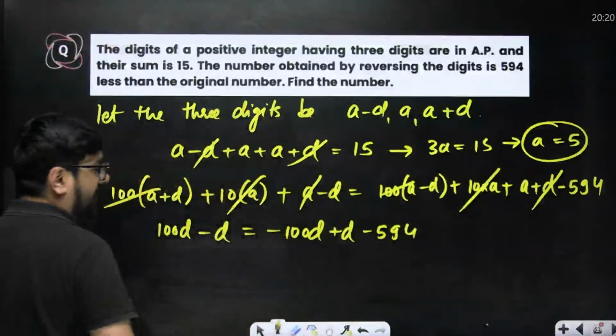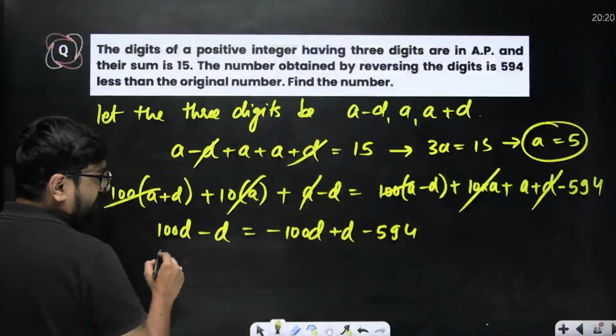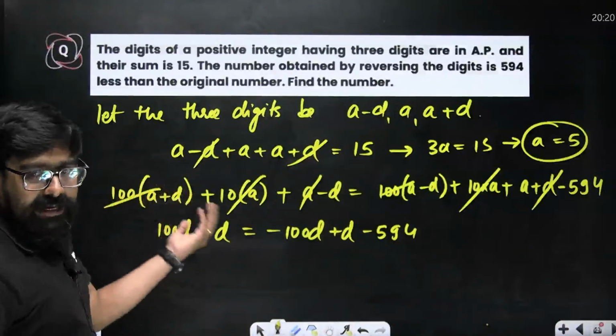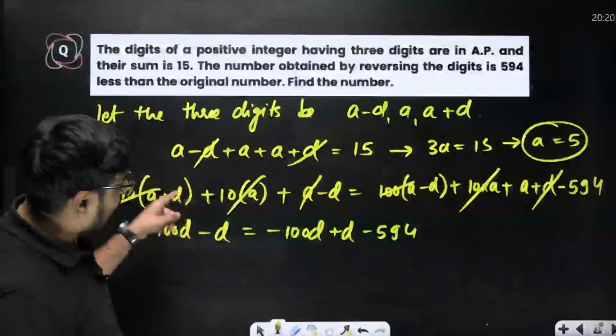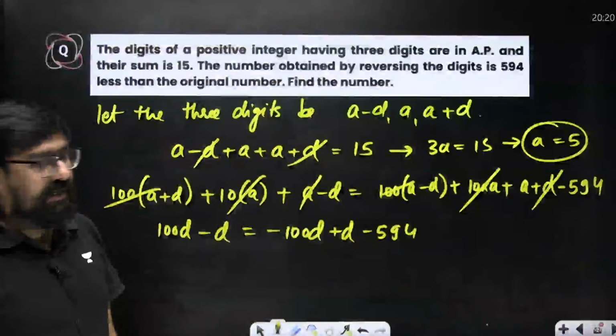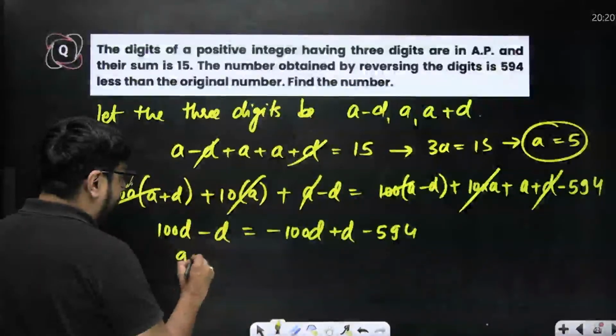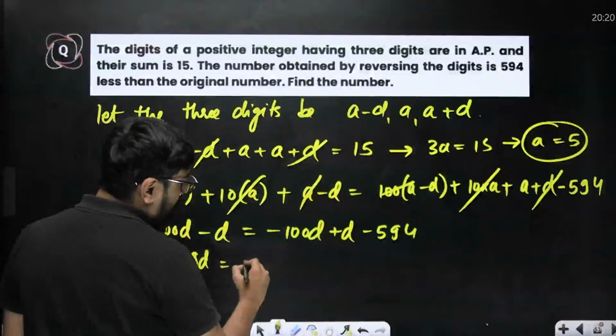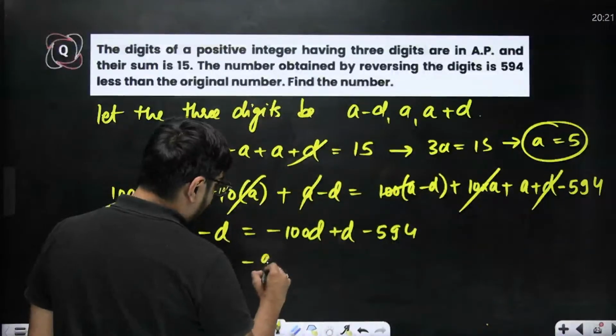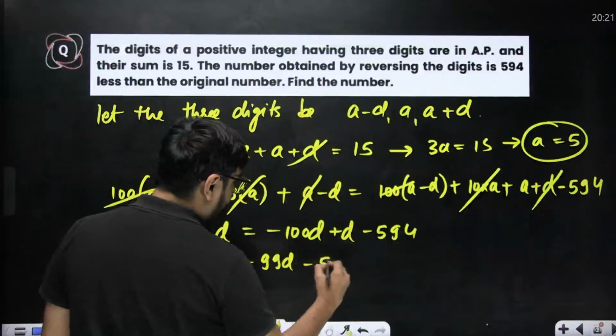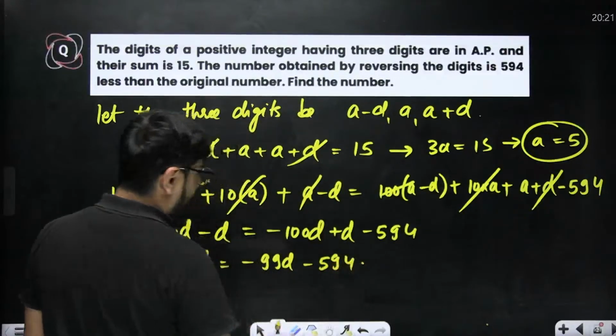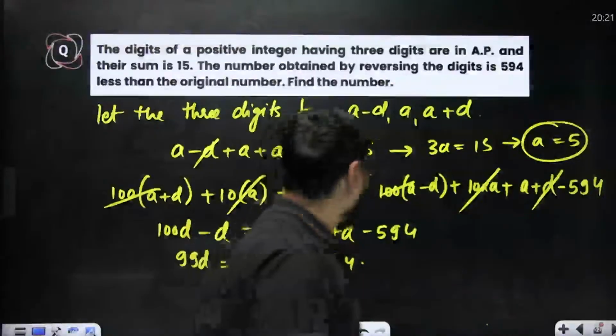a we already have. a got cancelled also. See, d is also getting cancelled. Everything is getting cancelled. So what will d be? 99d is equal to minus 594. Are we doing it correctly?